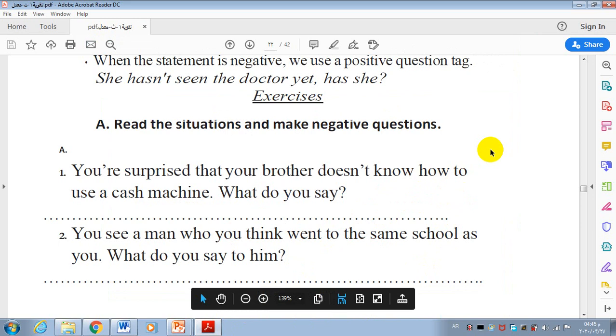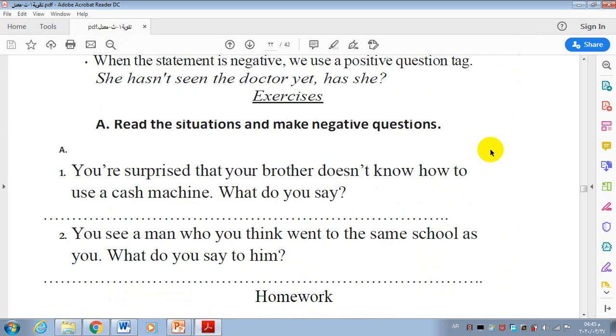Please open your notes on page 22, on exercises. As you see in exercise A, read the situations and make negative questions.